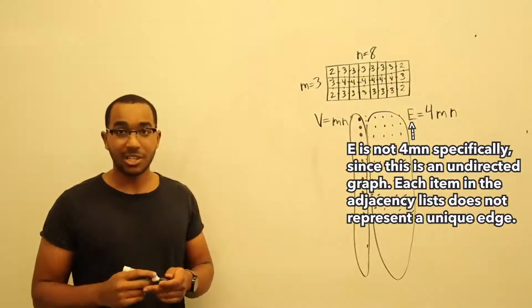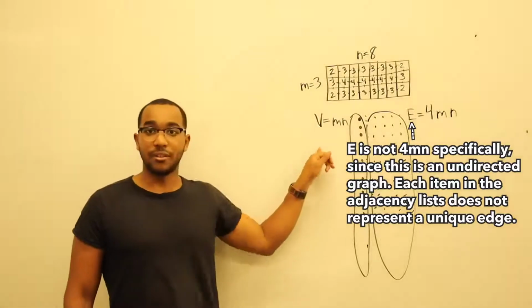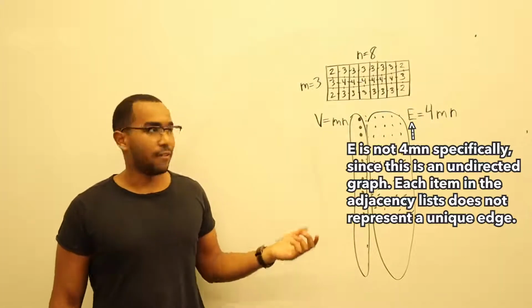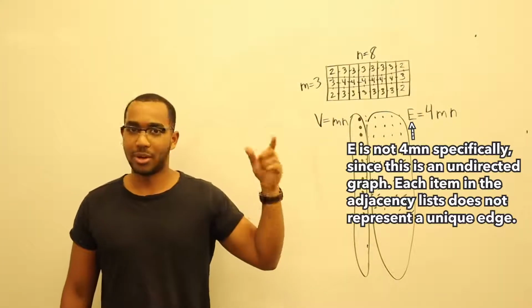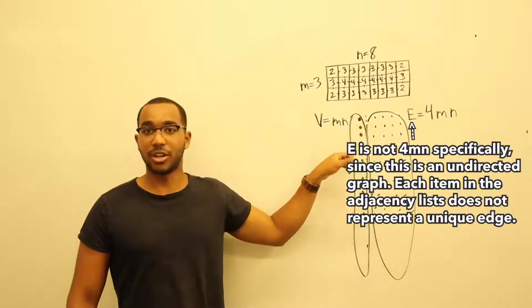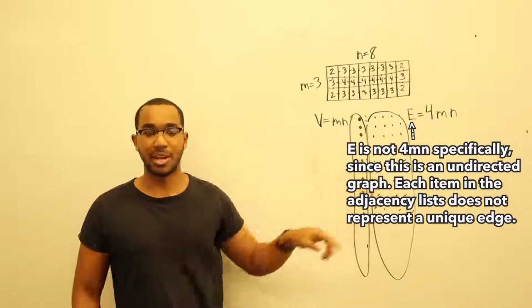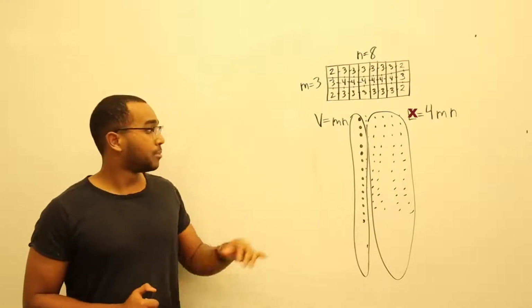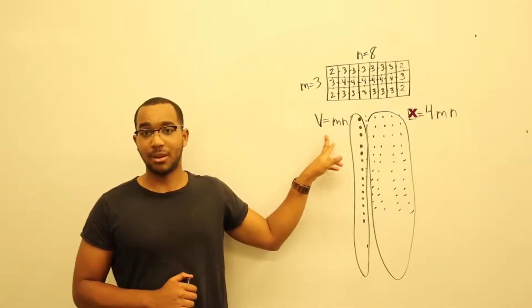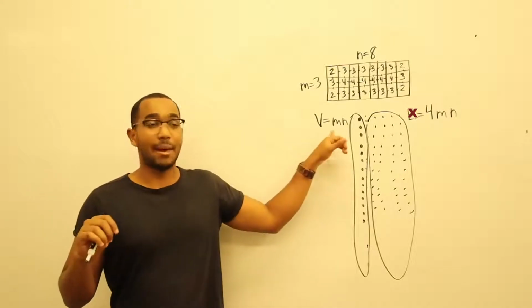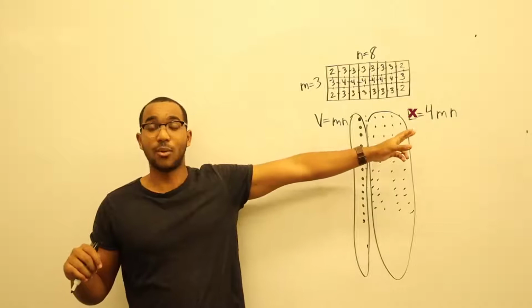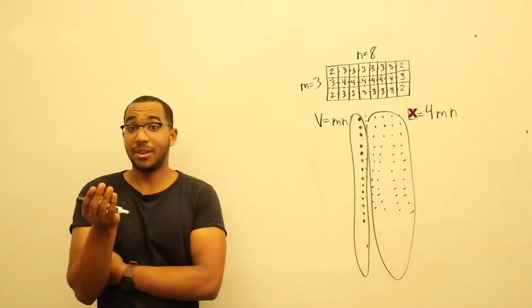Okay, so what we see here is that we're going to do the V work, and we're going to do an upper bound of 4 m times n for loop iterations, because vertex loop, vertex loop, vertex loop, vertex loop. What this means is we can actually express everything in terms of m times n, because if V is m times n, remember how we split things before, m times n plus our upper bound factor for m times n, we just get 5 m times n.